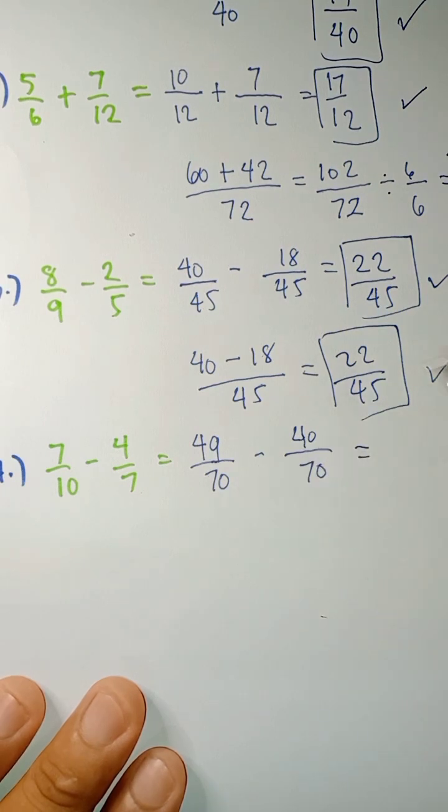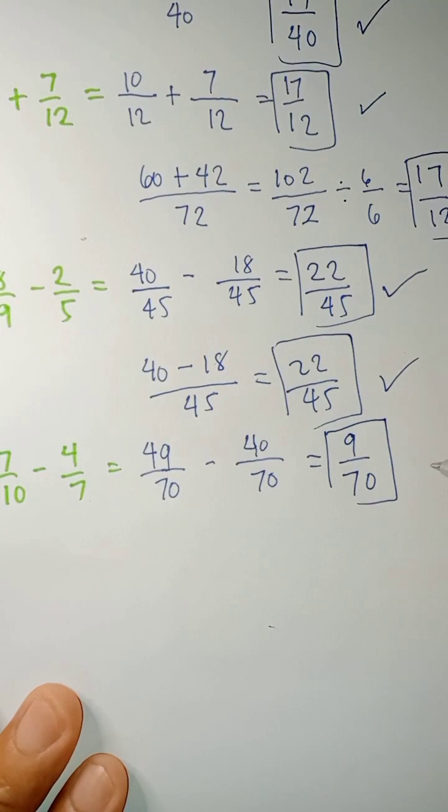Now 49 minus 40 is just 9. Then copy the common denominator, which is 70. So this is now our answer.